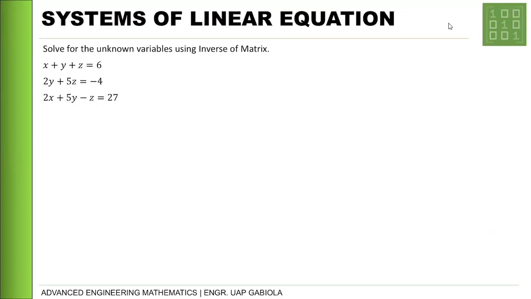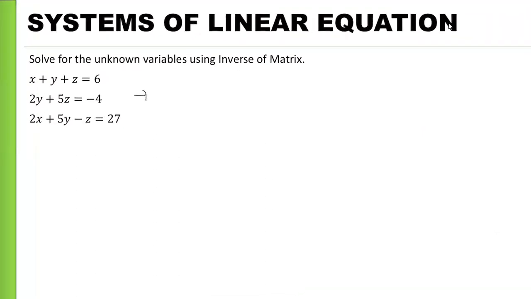So, ang nangyayari, meron tayong given equations, meron tayong tatlong equations na may tatlong unknowns. Okay? So, kailangan gawin natin yung augmented form niya. Okay? O, di ba ginagawa natin? Pwede natin itong i-change ng 1x plus 1y plus 1z is equals to 6.